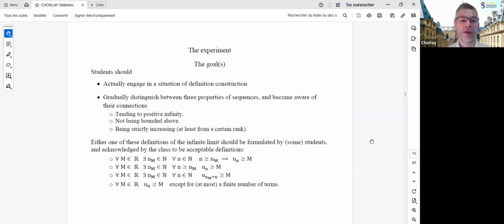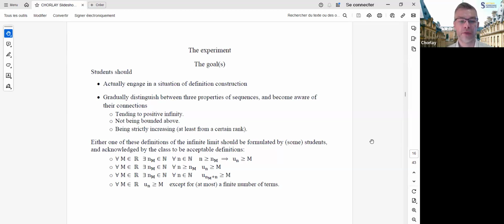Second goal, we would like them to gradually distinguish between three properties of sequences and become aware of their connections: tending to positive infinity, not being bounded above, and being somewhat increasing towards the end. When I say become aware of their connections, I mean that if you tend to positive infinity, then you are not bounded above, but the converse does not hold.